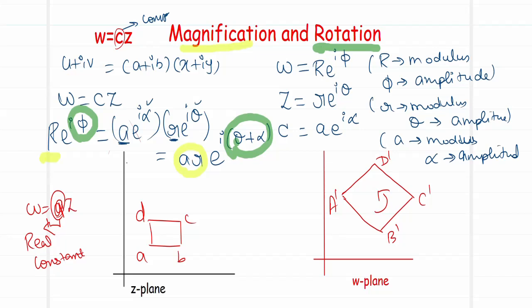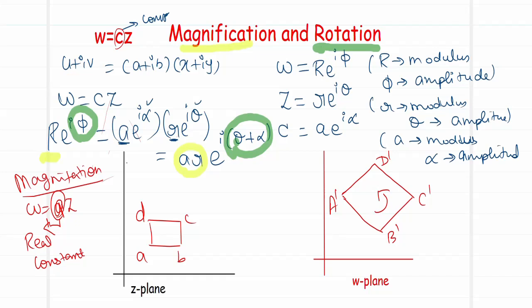In which case you will have just magnification to take place and there will be no rotation of the image, because phi will be entirely absent in our real number systems. So W is equal to AZ, if A is a real constant, causes magnification of the image or the data alone. But if it is a complex constant, it magnifies the data and also rotates the data.